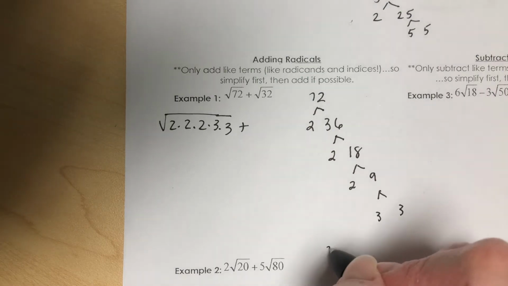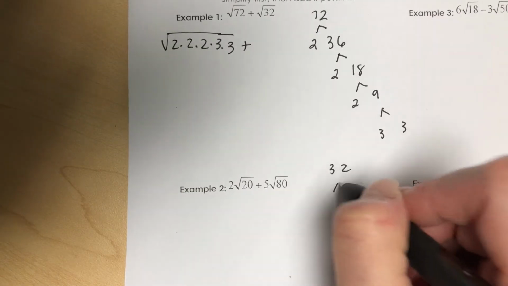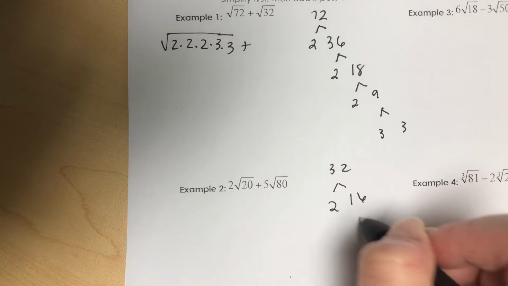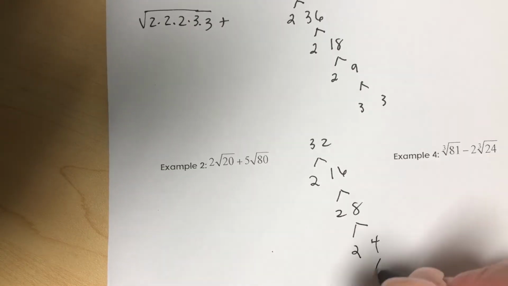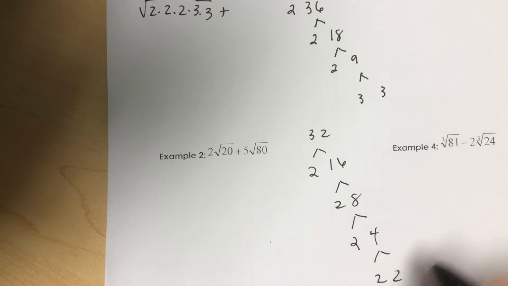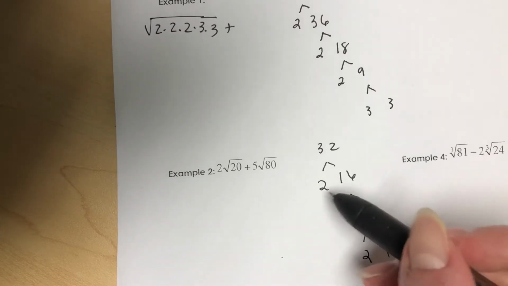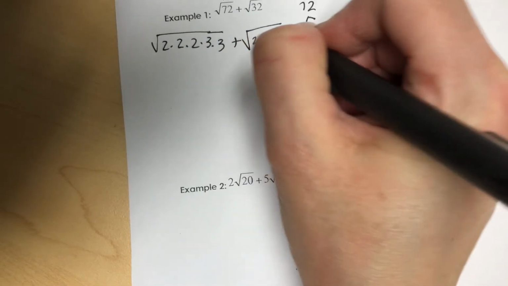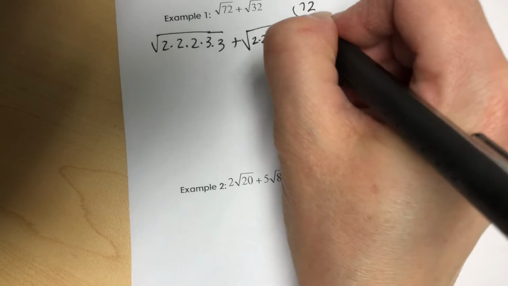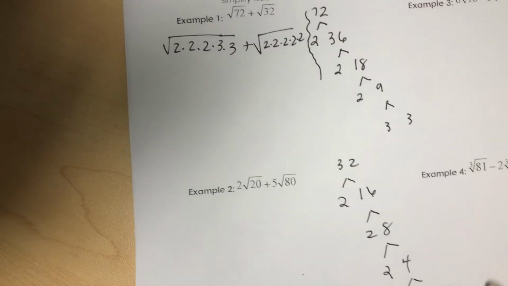When I do it, I end up with 2 times 16, 2 times 8, 2 times 4, and 2 times 2. So that will be 2 times 2 times 2 times 2. Did I say that right? There's 5 of them. So 2 times 2 times 2 times 2 times 2.